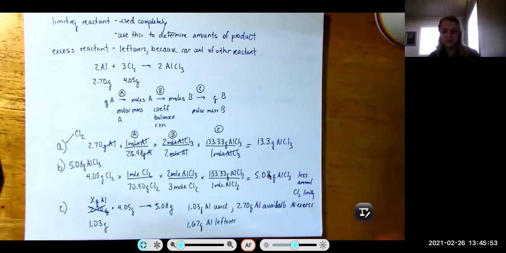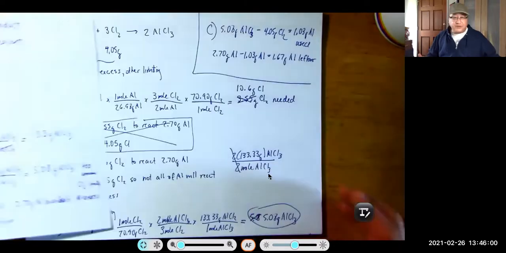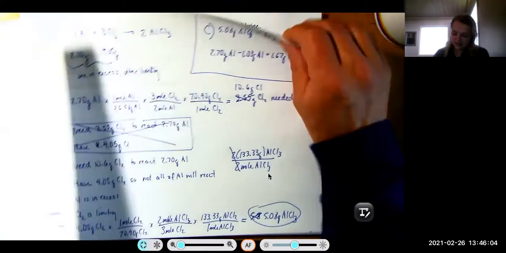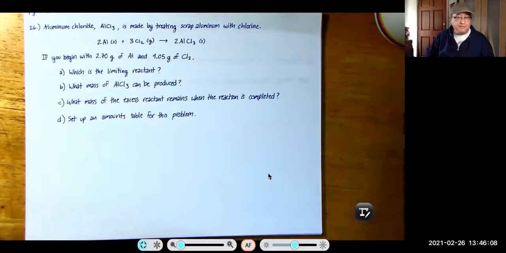No real difference. So which way are you going to do this? And the answer is whichever way makes the most sense for you. Okay, I was about to ask you that. I'm just trying to show you two ways to tackle the problem.